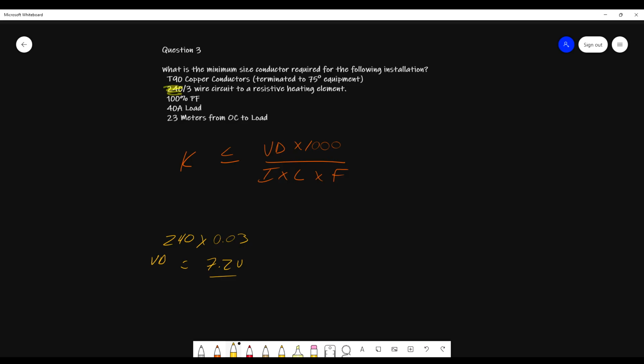Okay, so now we can solve. 7.2 times 1,000 divided by the current, which is 40 amps. The length is 23 meters. And now we have to find our F value. It's a 240 volt 3-wire circuit, single phase, line 1, line 2 with a neutral.